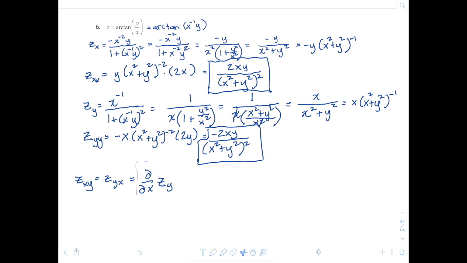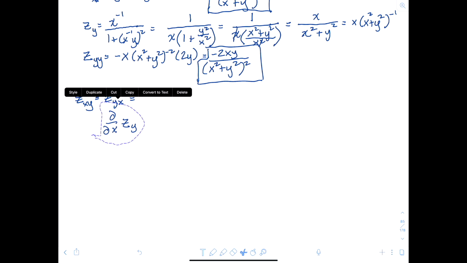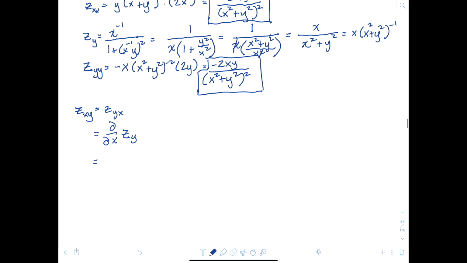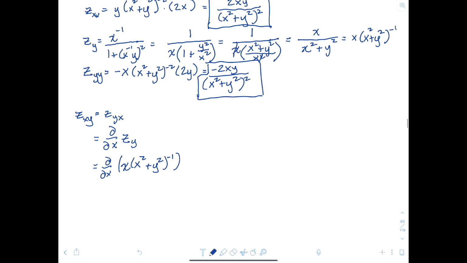Actually, let me do this vertically. So now we will do d dx of zy, which was x times x squared plus y squared to the negative 1, right?